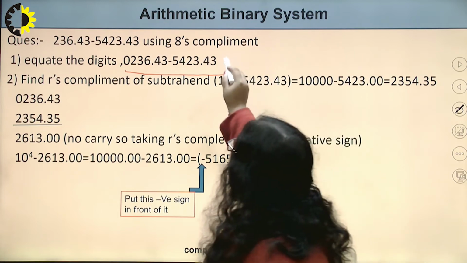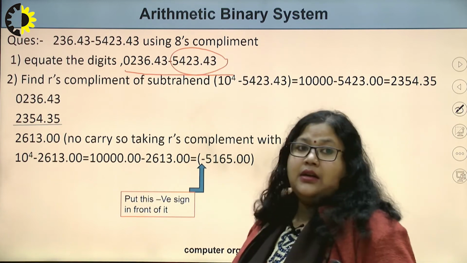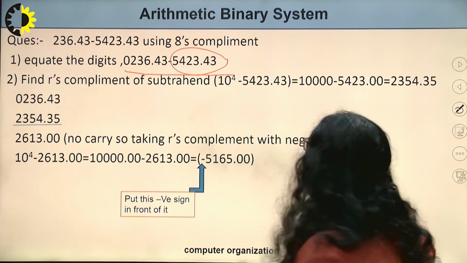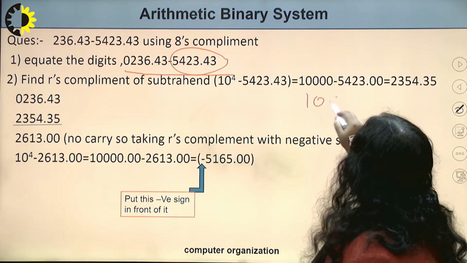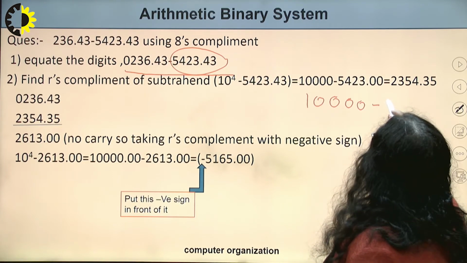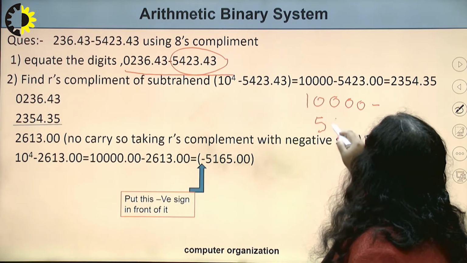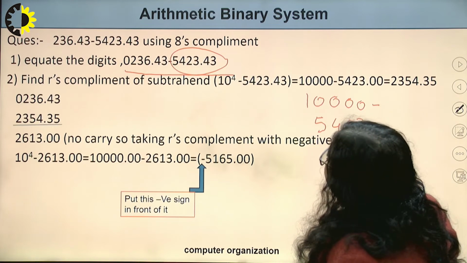Keep in mind, this is not the 10's complement, this is the 8's complement. So how do we solve that? This is basically 1000 minus 5423.43, right?